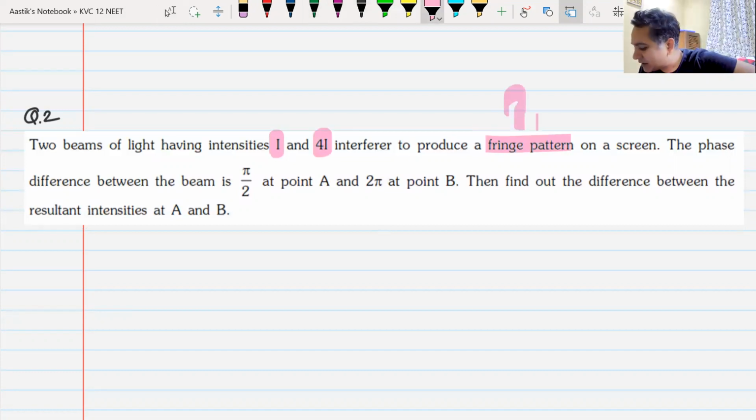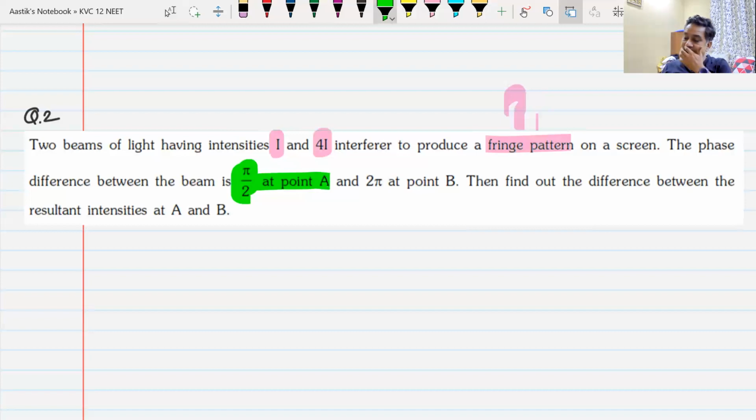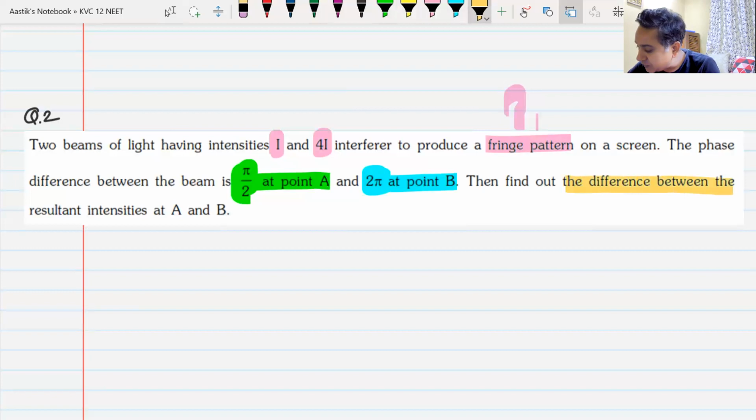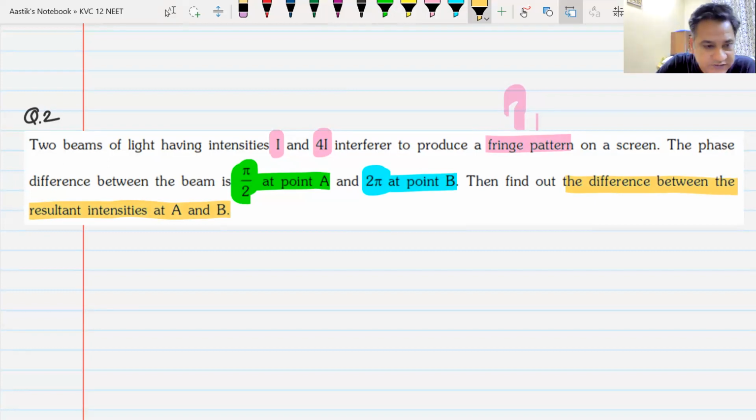The phase difference is pi by 2 at point A, and 2 pi, which is 360 degrees, at point B. Find out the difference between the resultant intensities at A and B. Read the question carefully, solve it, get the answer, and stay happy. I'll give you 2 minutes to do this.